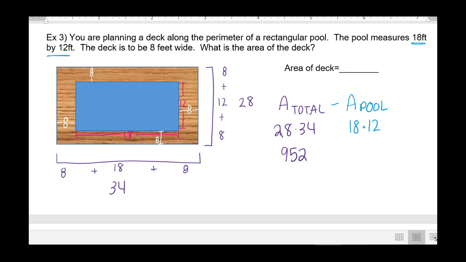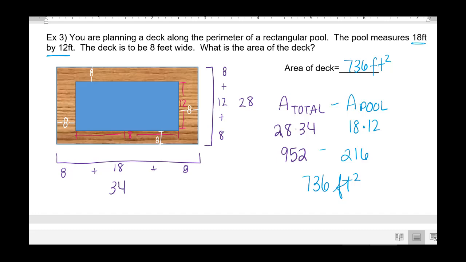So I multiply those two lengths together and do a little subtraction, and I get a total area of the deck of 736 feet squared. Just leaves us a lot of area for grilling, I guess.